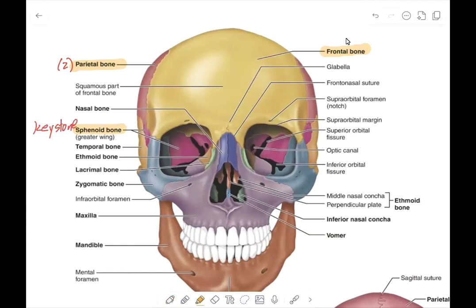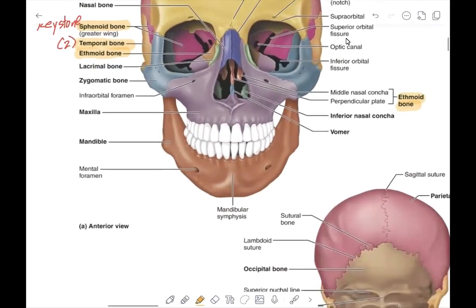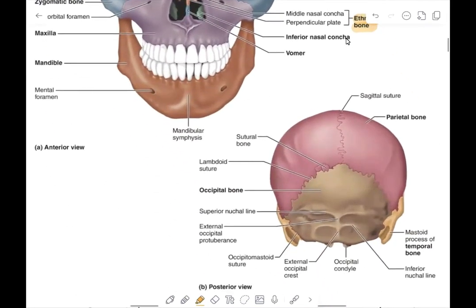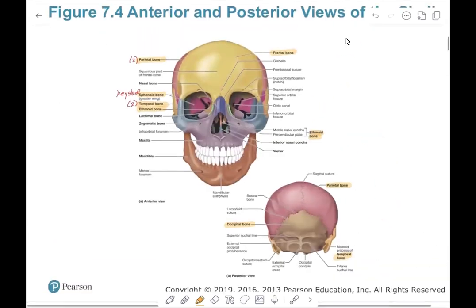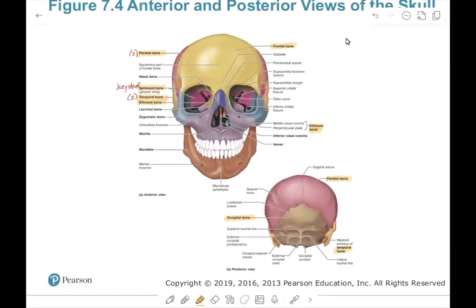There's the two temporal bones, one on either side. The ethmoid bone, which is also shown over here. And then in the back, we have the occipital bone and a view of the parietal bone and part of the temporal bone. So those are the cranial bones.